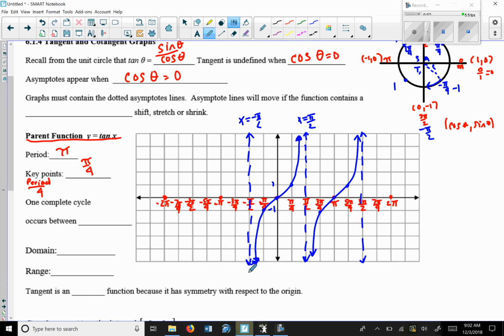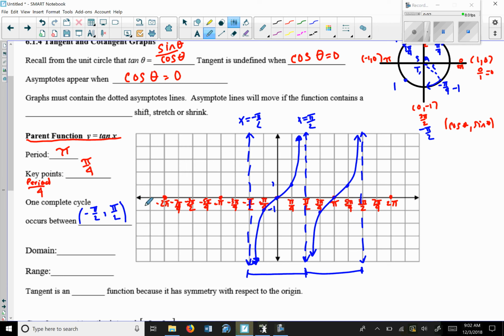Instead of every single 2 pi, the distance from here to here is actually a distance of pi. Or you could look at the distance from here to here. So this would be 2 cycles on my graph, which is why the period for tangent is equal to pi and not 2 pi. So the first cycle actually occurs from negative pi over 2 to pi over 2.